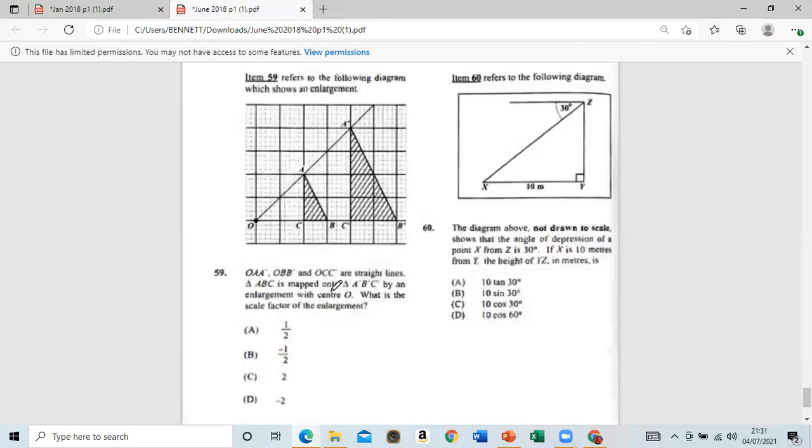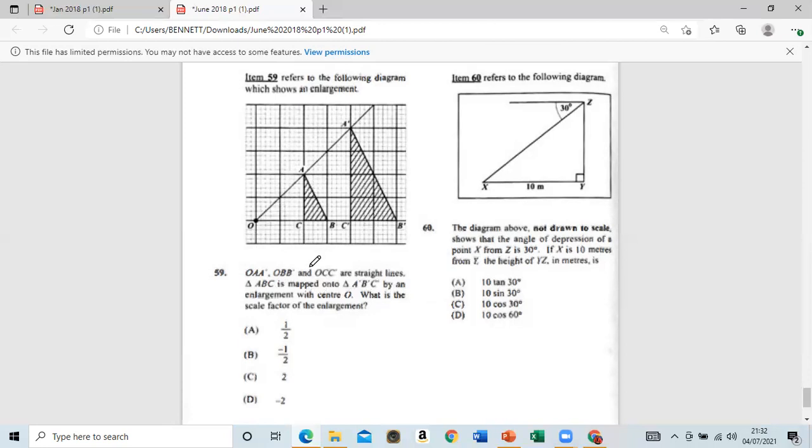Straight lines ABC is mapped to A prime, B prime, C prime by an enlargement with center. What is the center? What is the scale factor of the enlargement? So it's from the small triangle to the big one, right? And the center.